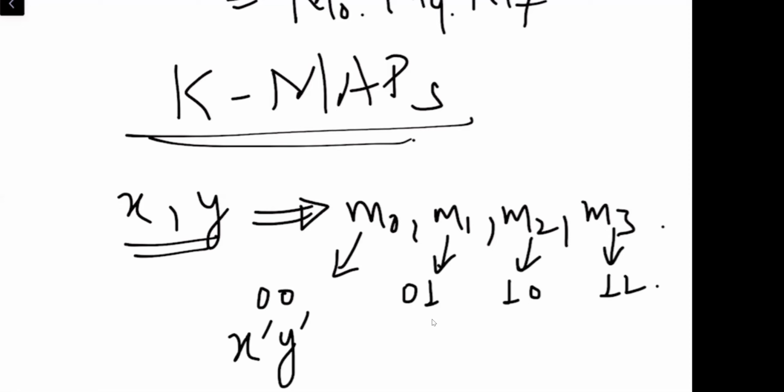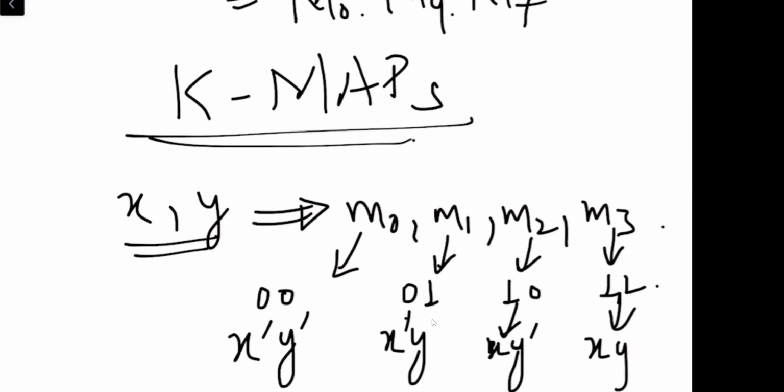M of 1 is taken as x complement, y. Similarly, m of 2 is taken as x and y complement, and m of 3 is taken as xy.